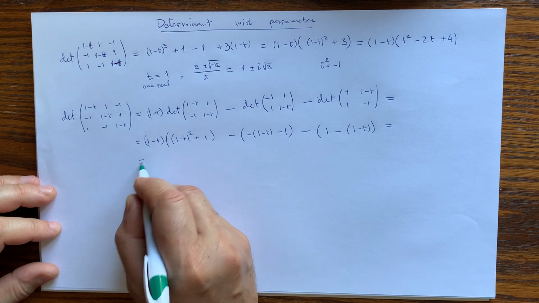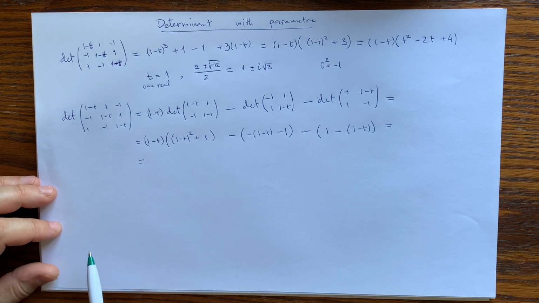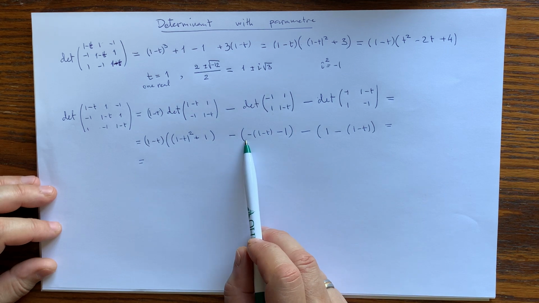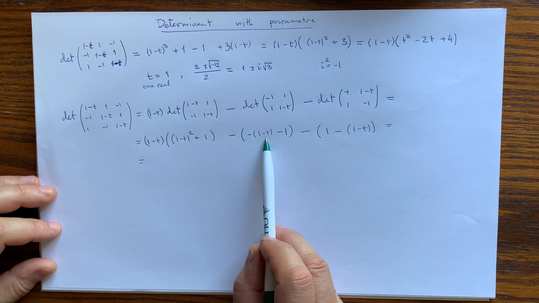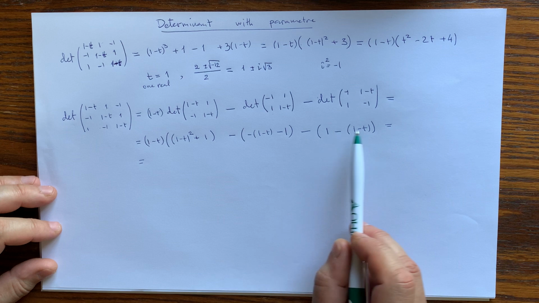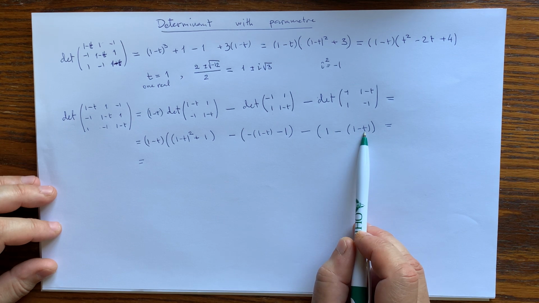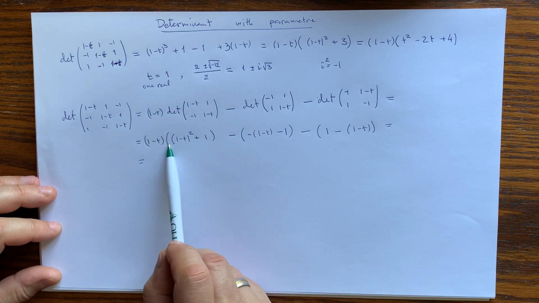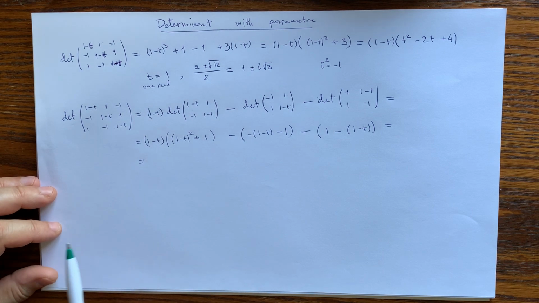So collecting the terms, what I should see is positive 1 minus t coming from here, positive 1 minus t coming from here, and that would make 2 copies of 1 minus t on top of 1 copy of 1 minus t coming from this product.